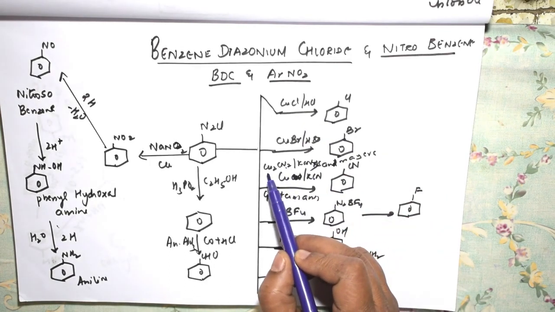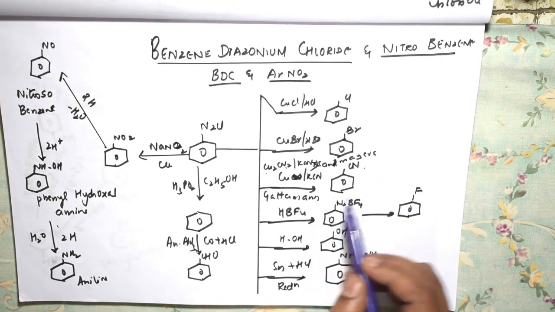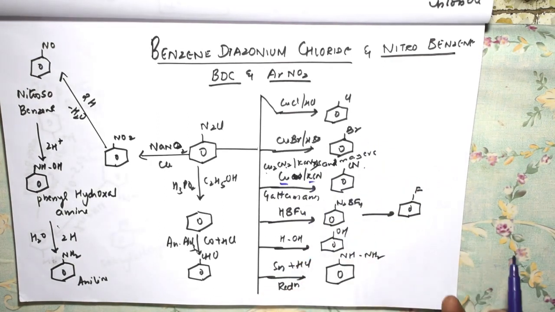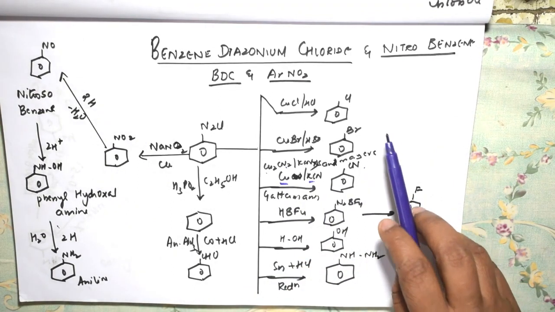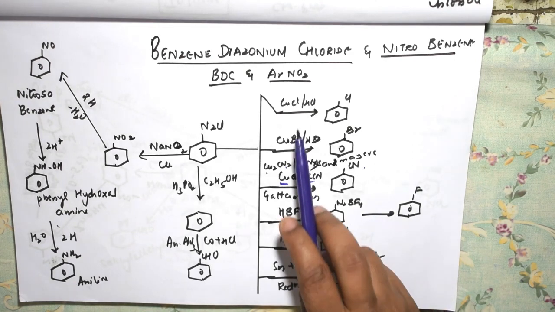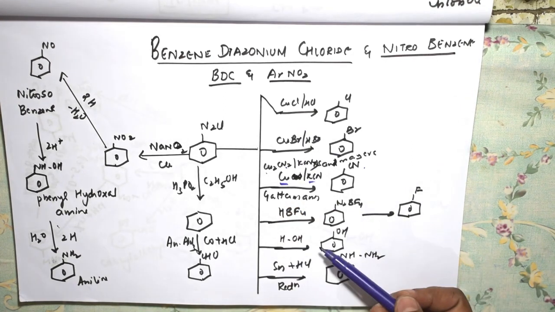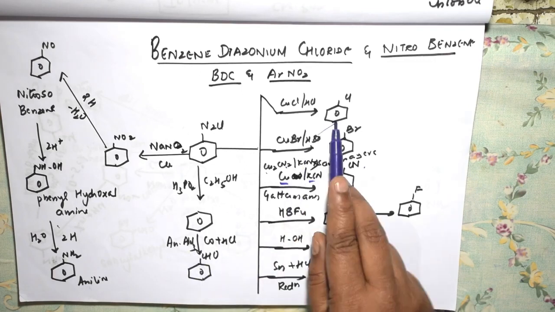Wherever you have copper salts, all these are Sandmeyer's. After that, you only have copper and KCN. That particular reaction is called Gattermann's reaction. So both are preparing your haloarenes and your cyanoarenes, but the difference is the metal catalyst. Done. Now here, students, next you will very well know fluorobenzenes I can't prepare directly like this.